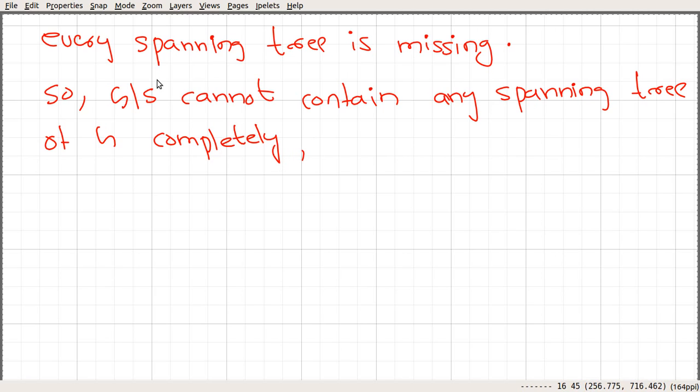And that says this graph must be disconnected.